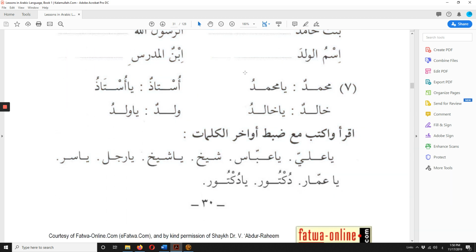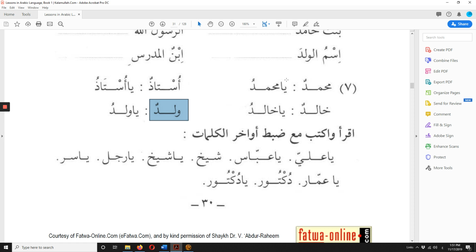And here it's trying to show you the rule that in the natural state, a proper name should have dhammatain. It should end in un. So you have Muhammadun, Khalidun, even a different type of noun like ustadhun, which means professor or teacher or something you just say to a respected person. And here we have waladun, like child or boy.